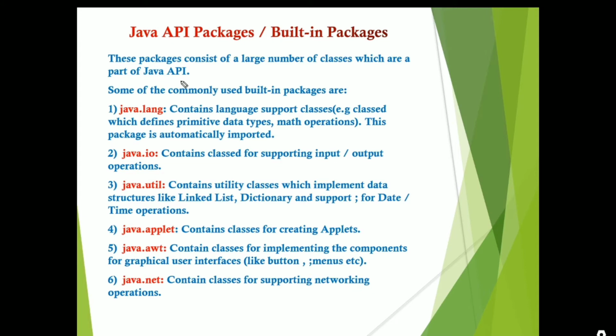Here we are specifying some commonly used built-in packages. These are the 6 different commonly used packages. We have many packages in Java, but commonly used are: java.lang, which contains the language supported classes, for example primitive data type related classes, mathematical operations, string operations, all those are included in the lang package.